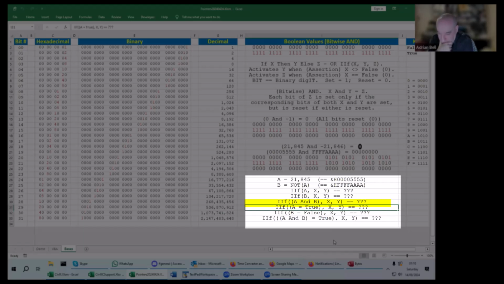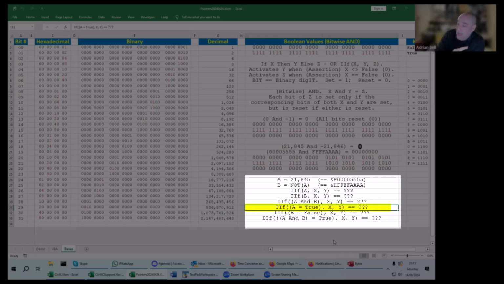It seems like if A equals true is the question, and A is not false, so I would say that would evaluate to A is true, and so you'd get X. Okay.